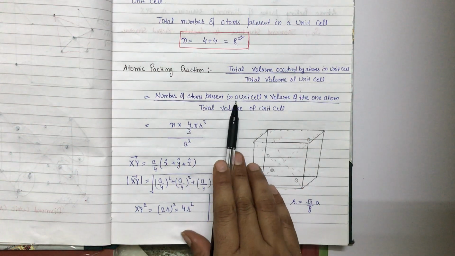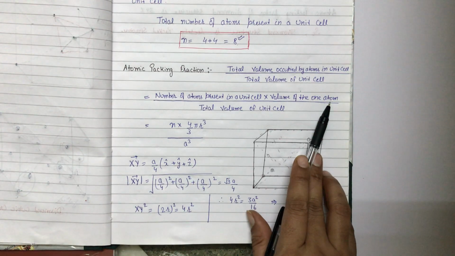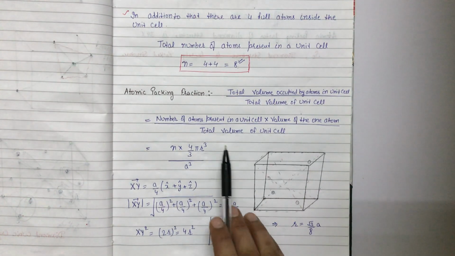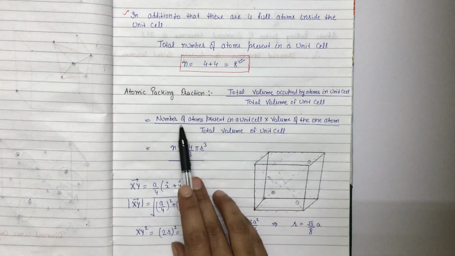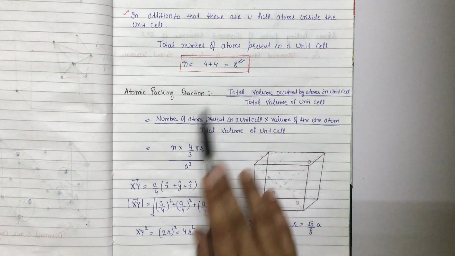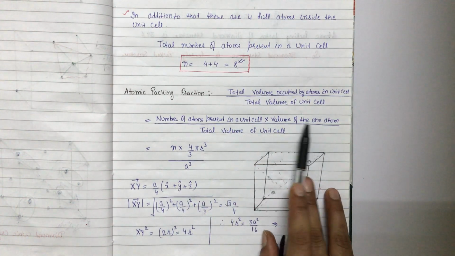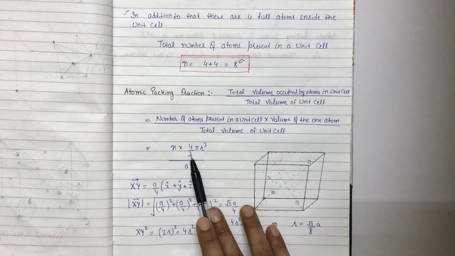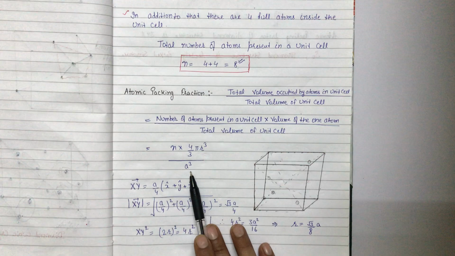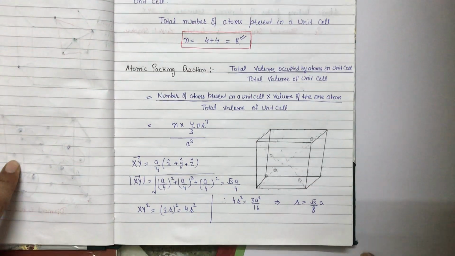So the number of atoms present in the unit cell is n, which is 8 in the case of diamond structure, and the volume of one atom is 4 by 3 pi r cube, and the total volume of one unit cell is a cube. It is a cubic unit cell whose volume is a cube.